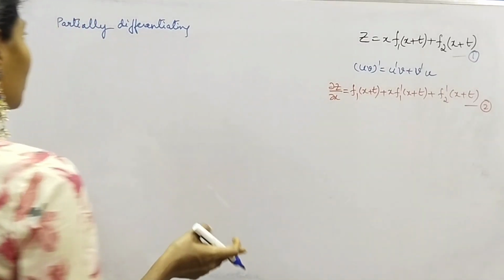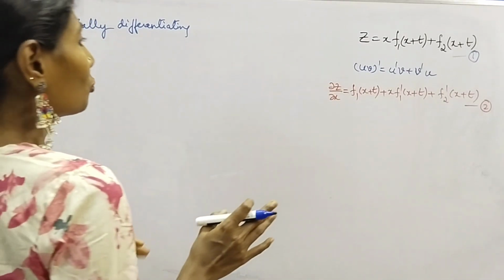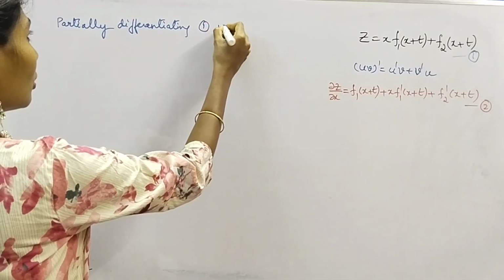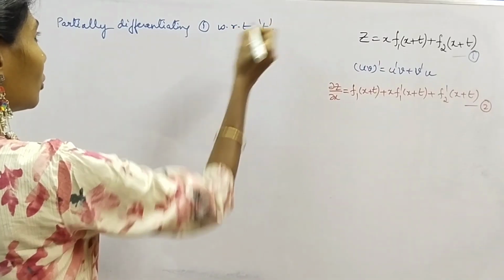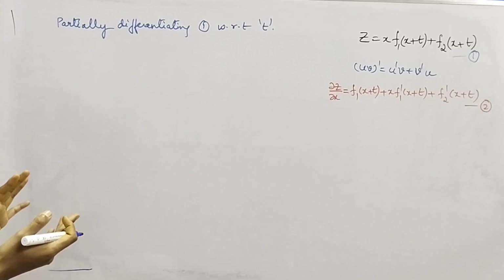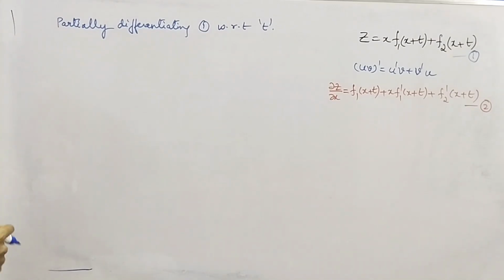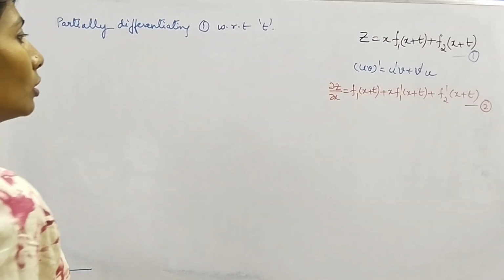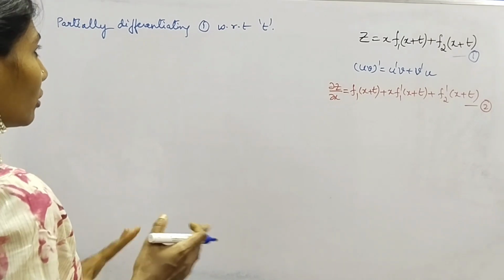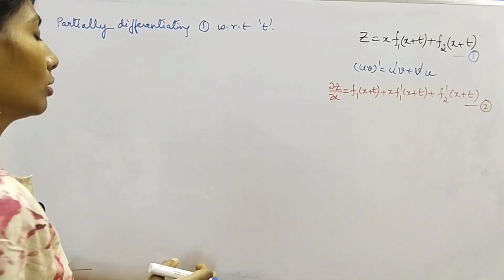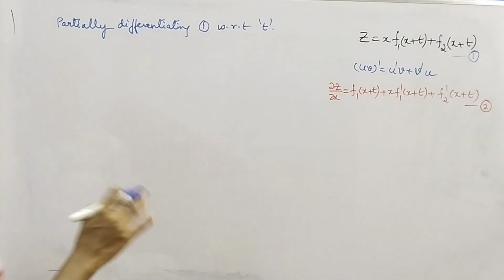As usual, I'm finding the partial derivative with respect to t, not y. Partially differentiating 1 with respect to t. Usually we find the partial derivative of 1 with respect to y, but here since we have a second independent variable t, we are doing it for t. In textbooks, you can see that they will find the partial derivative of this with respect to x again. We will also do that, but later.